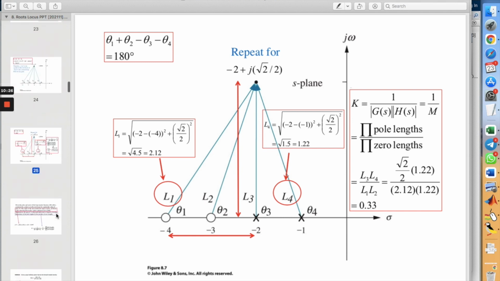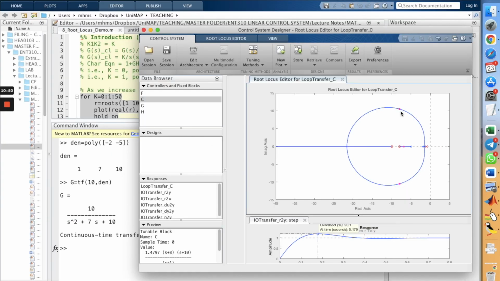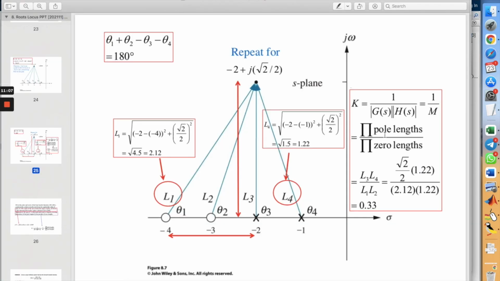So what we can say from this example is that s equals negative 2 plus j square root 2 over 2 is on the root locus, and the value of gain at that position is 0.33. So basically, when we know this point is on the root locus, we can find the value of K at this position using this formula.